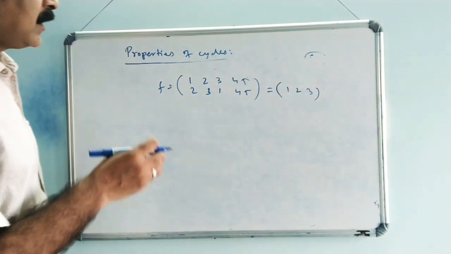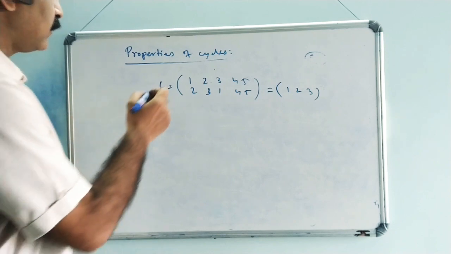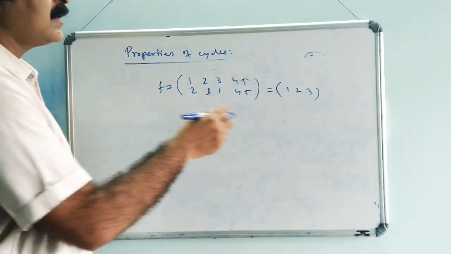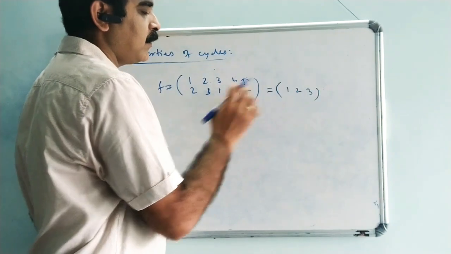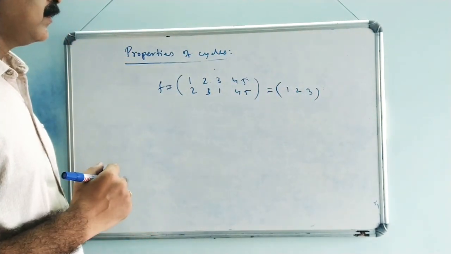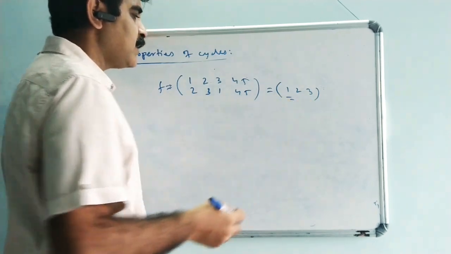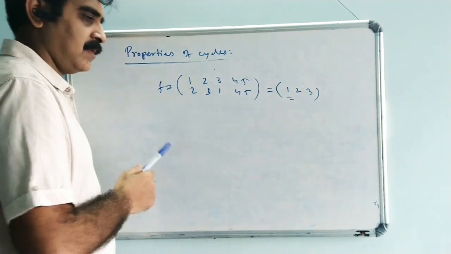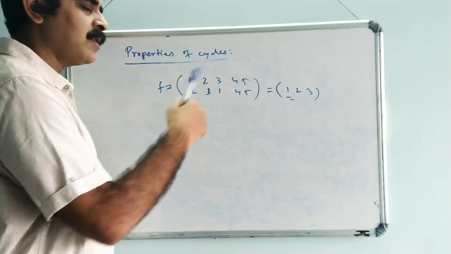I can mention here that the rule of writing a permutation in cycle notation does not make it mandatory to start with the first element. You may start from any element.